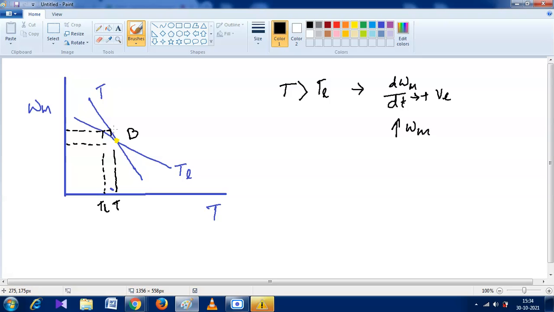Will the machine or motor go back to the B point or go away? That means the speed of the system is increasing, or the system goes back to B. Tell me what will happen? Increasing.